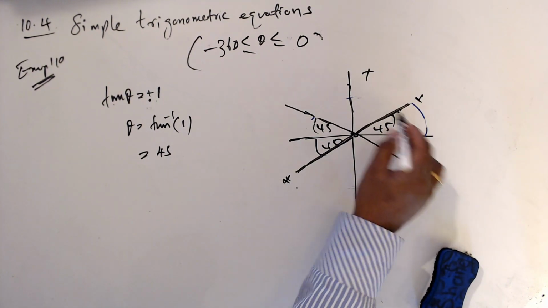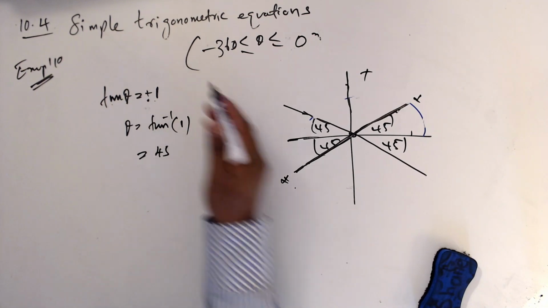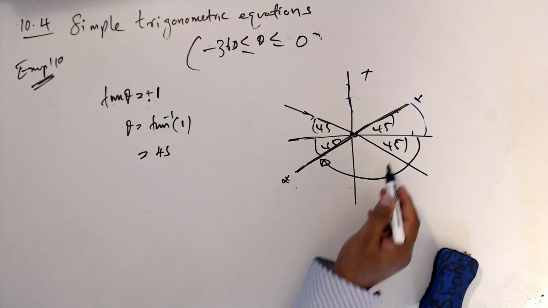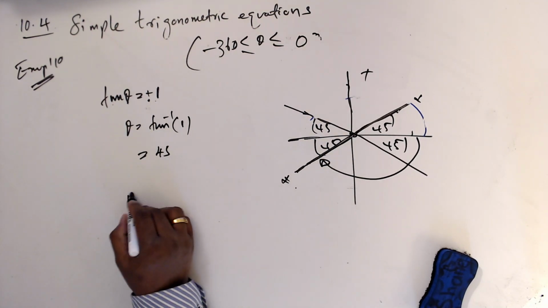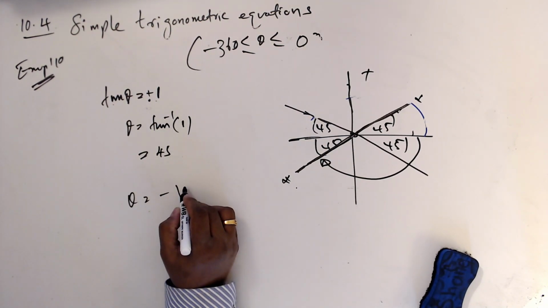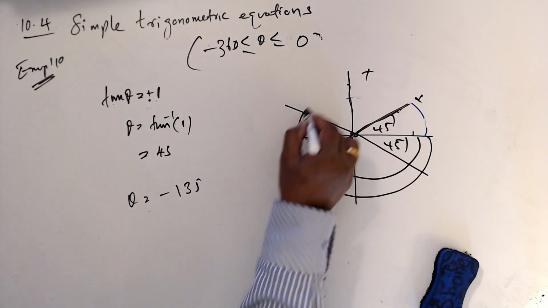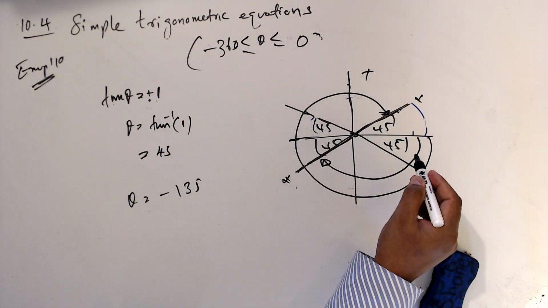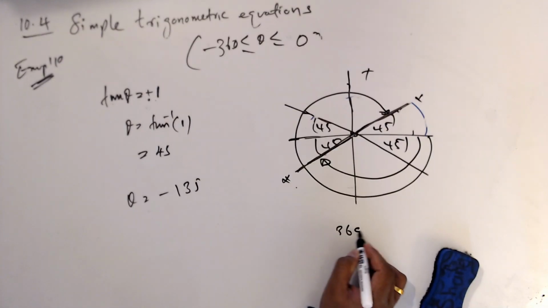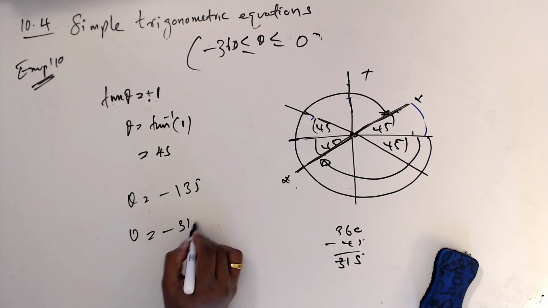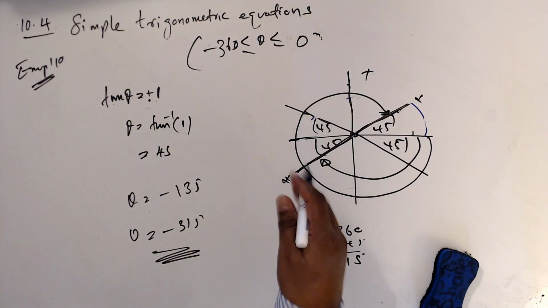We measure from here to here. Now you need negative answers, so you start from the negative side. This is one: 180 minus 45, theta equals minus 135. The other one is this: 360 minus 45, theta equals minus 315. You can work like that as well.